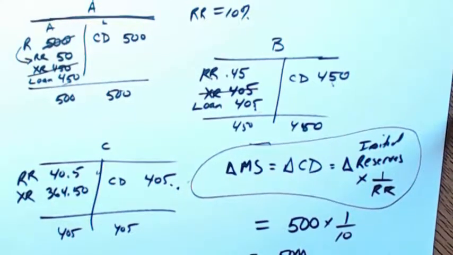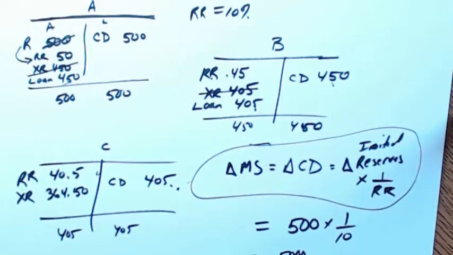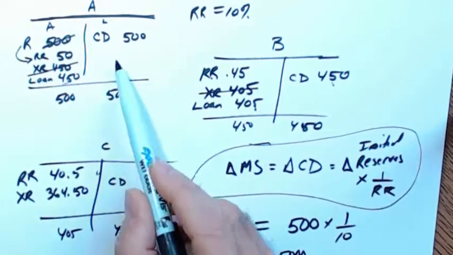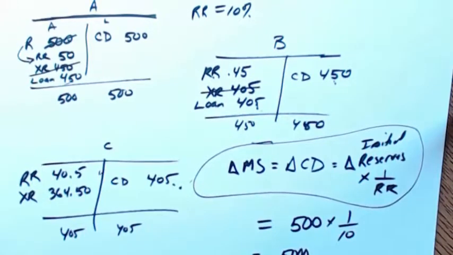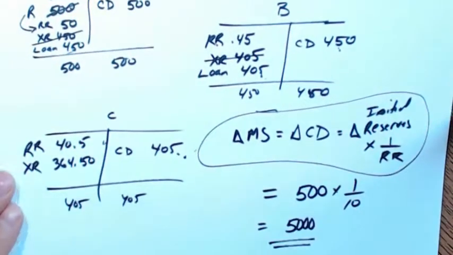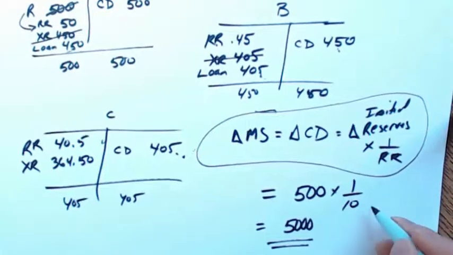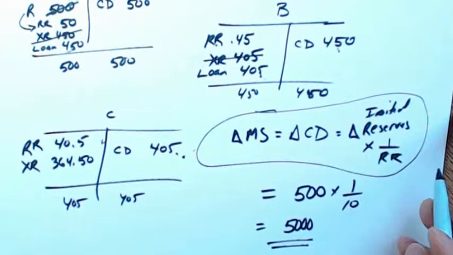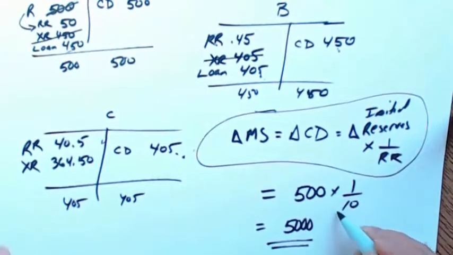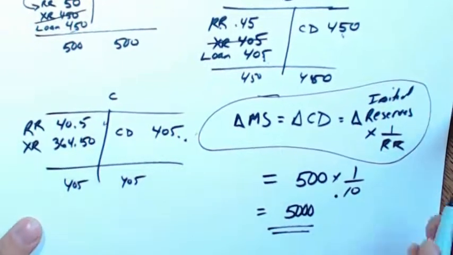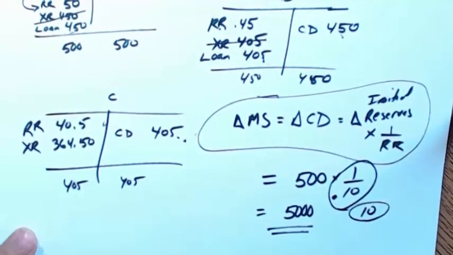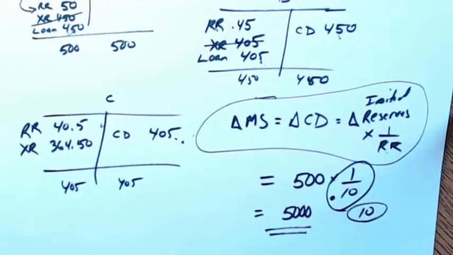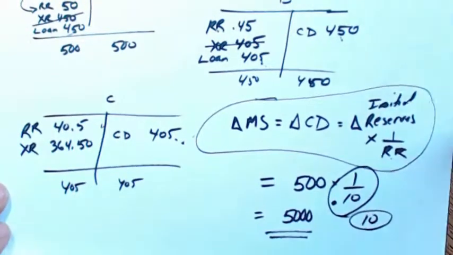If there was cash drain and people were holding a percentage of these transfers in their pocket, then the money multiplier has the potential to be much smaller than 10. 10 is the multiplier. Be careful here, 0.10 reserve requirement, so the whole multiplier is 10. Okay, so now what happened?